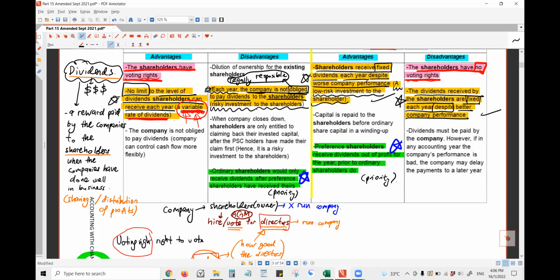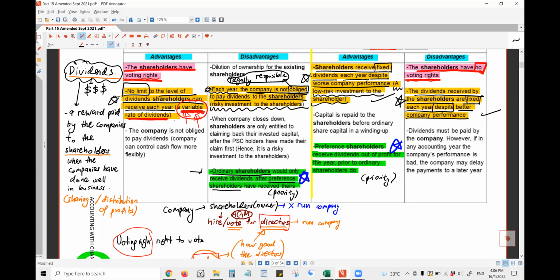Then followed by the lower group, the younger group of people, right? And here is between ordinary shareholders and preference shareholders. Both groups of shareholders receive dividends, right? And when it comes to the priority, preference shareholders would get first. Preference shareholders would receive first.